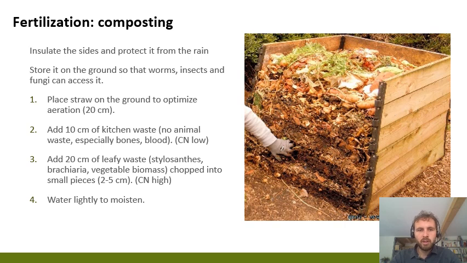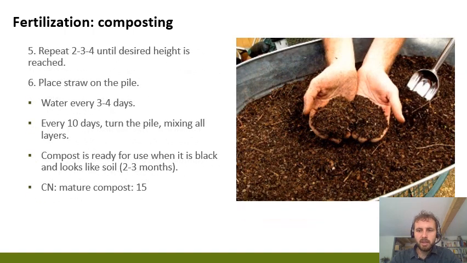You make different layers. First you add straw, then you can put 10 centimeters of kitchen waste, so peels and things like that, rotten foods, and then 20 centimeters of straw and leafy waste. And then you water, and then you repeat these layers until you get to the top, and then you should finish with straw.